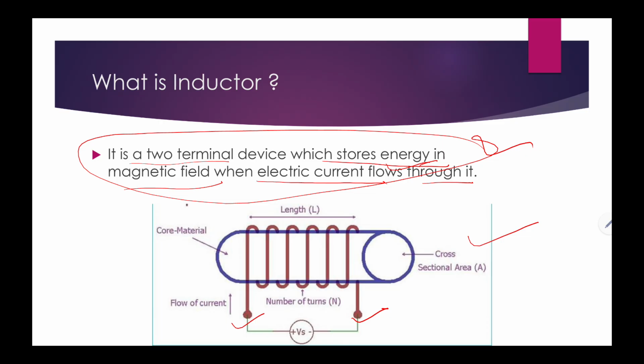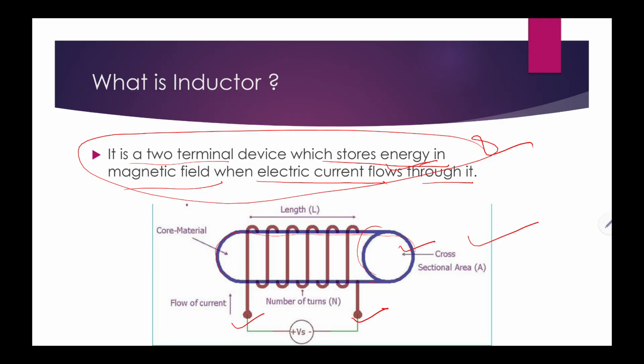So I'll tell you the basic parts first. We will take a core. So this is a core in which we have wound this iron coil.